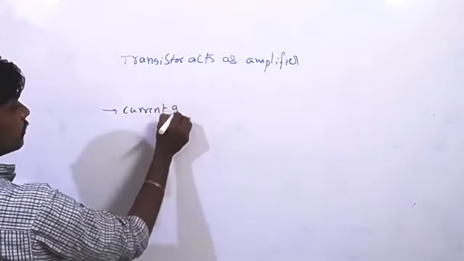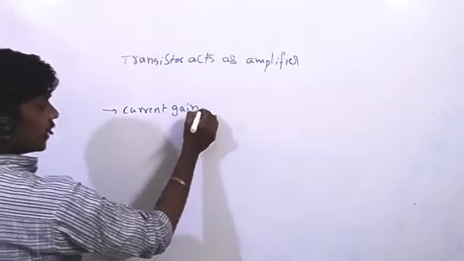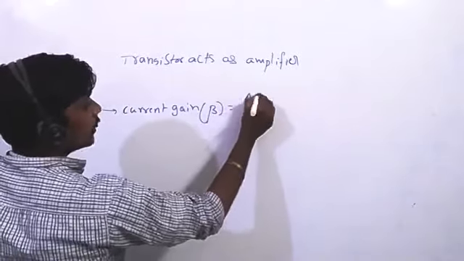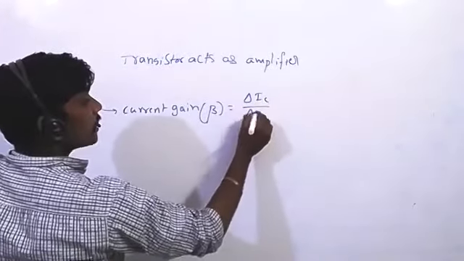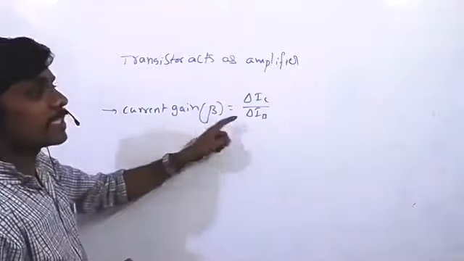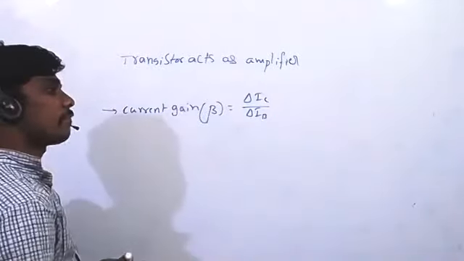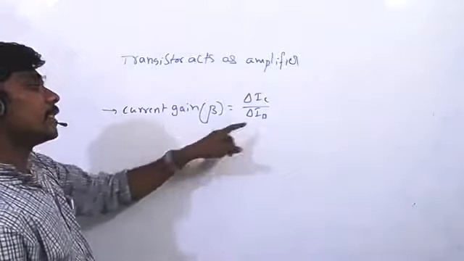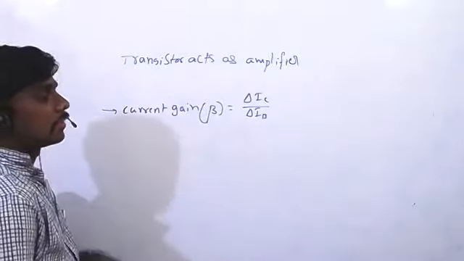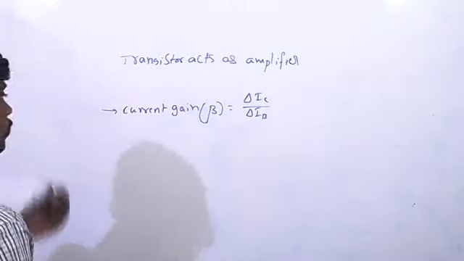After that, current gain. Current gain is denoted by the letter beta. Beta equals change in collector current by change in base current. Definitely, if we change the base current, base being the input, there will be a change in collector current. That is called current gain.